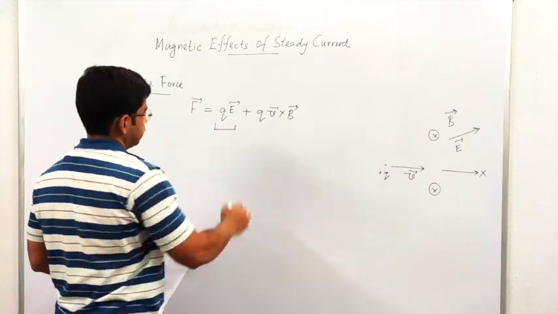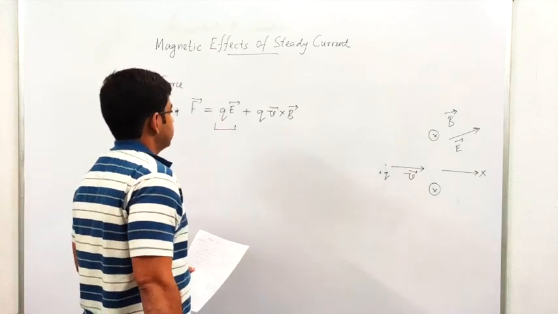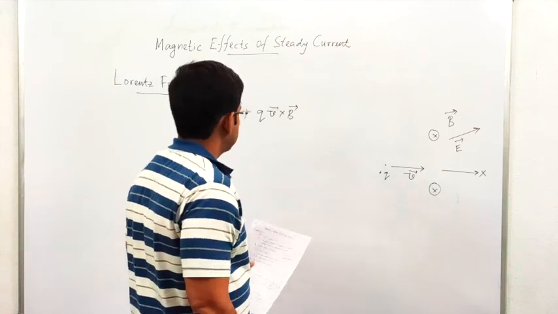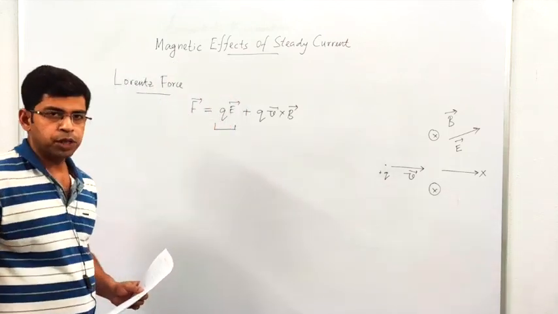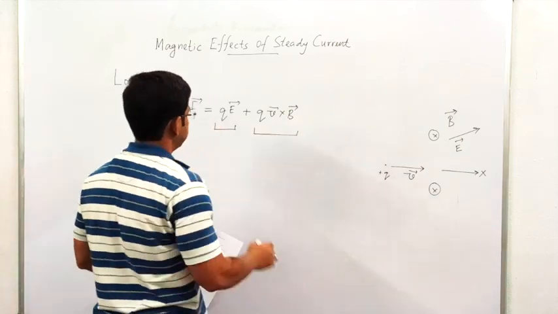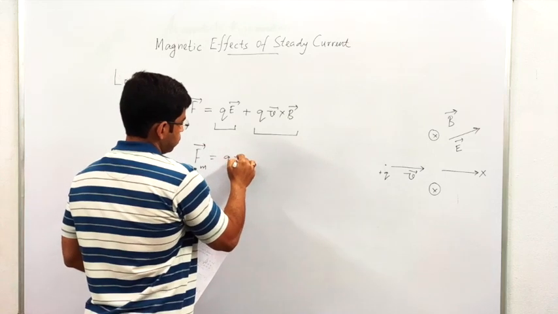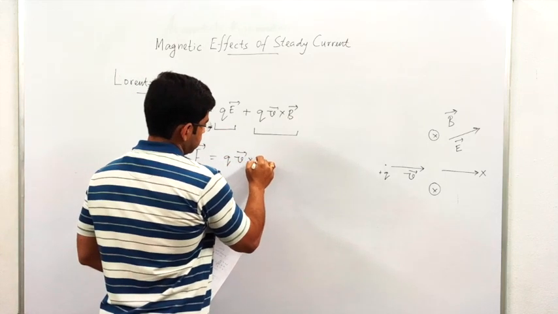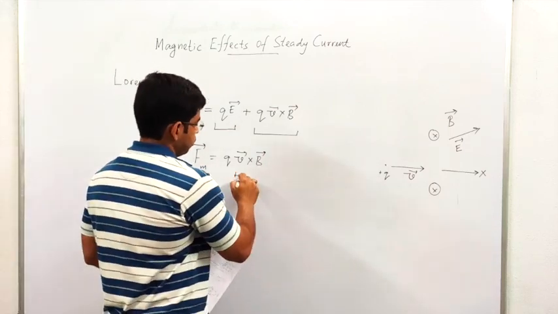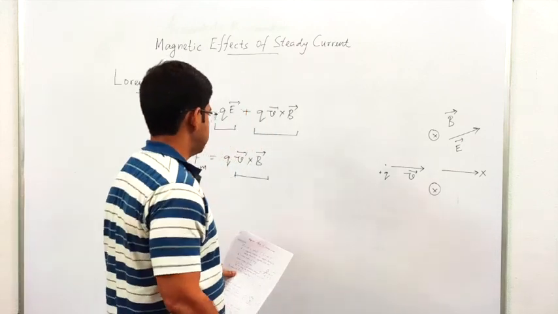Now you see this part of the force arises from the electric field, and that is a part of electrostatics. In our further discussions we will only be concerned with the magnetic field, so we'll continue with the magnetic part of the force, and let's denote it by Fm equals QV cross B. Now see, the force is a cross product between the velocity and the magnetic field.